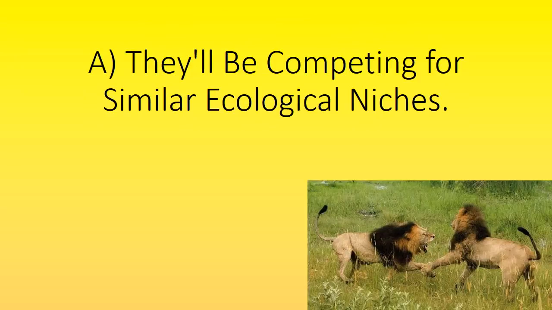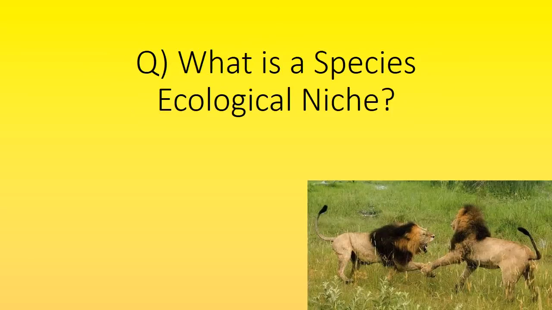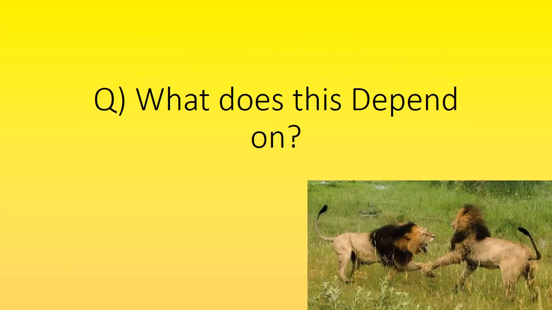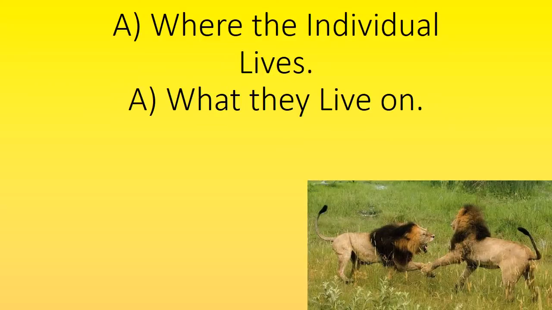They'll be competing for similar ecological niches. What is a species' ecological niche? How it fits into its ecosystem. What does this depend on? Where the individual lives, what they live on.